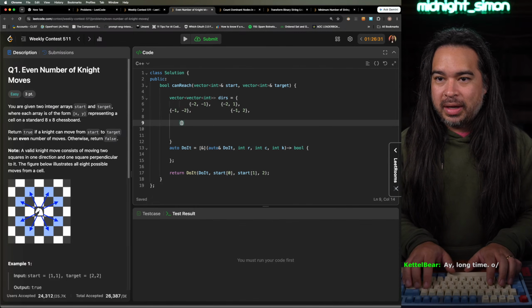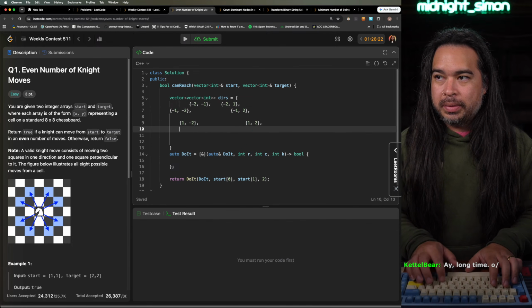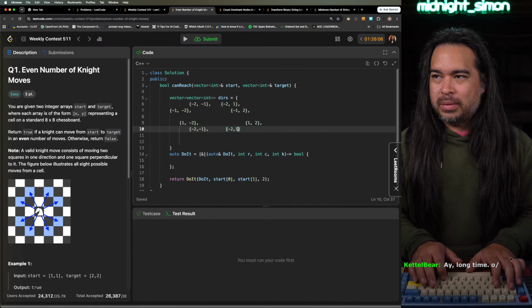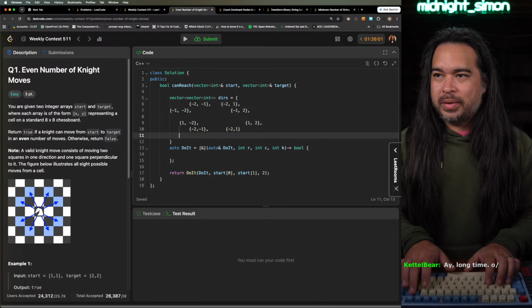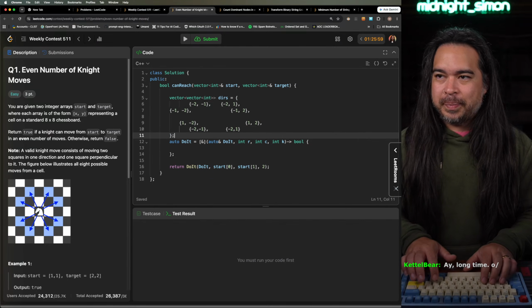Then we have 1, -2. 1, 2. -2, -1. -2, -1. And -2, 1. I hope that's right. So those are my knight directions.